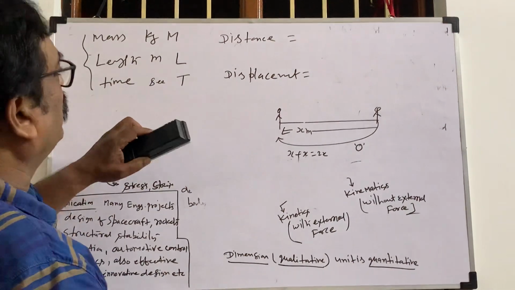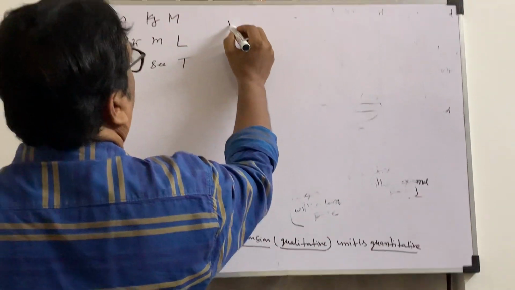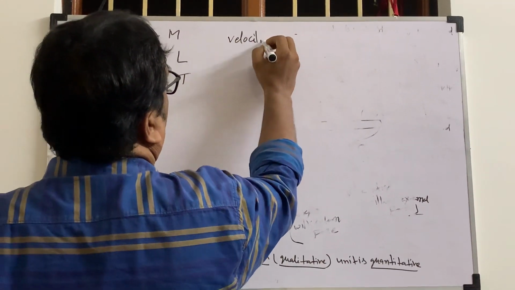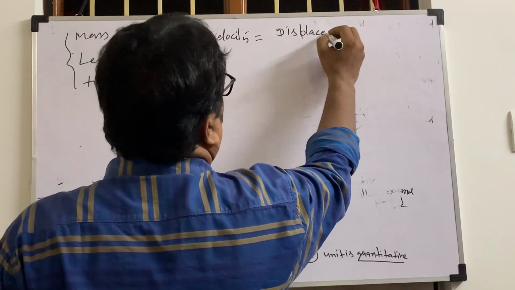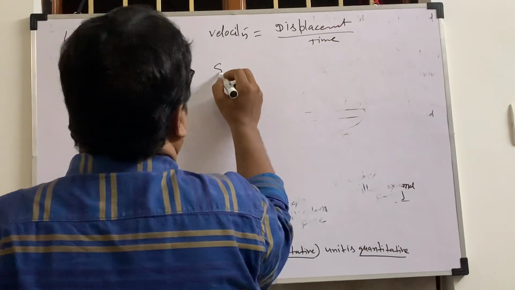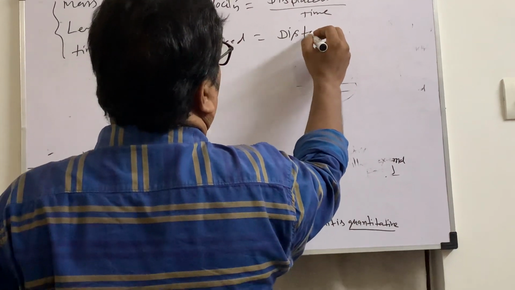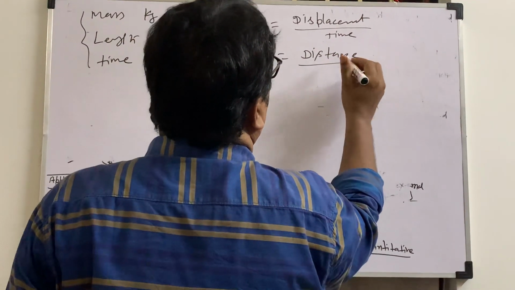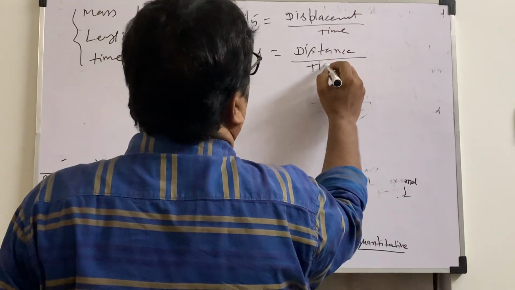So distance is a scalar quantity, displacement is a vector quantity. Now we will write what is velocity and what is speed. Velocity is nothing but displacement per unit time. Speed is distance per unit time.